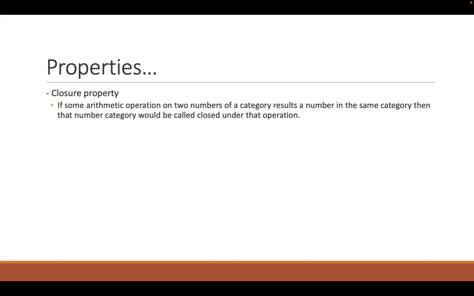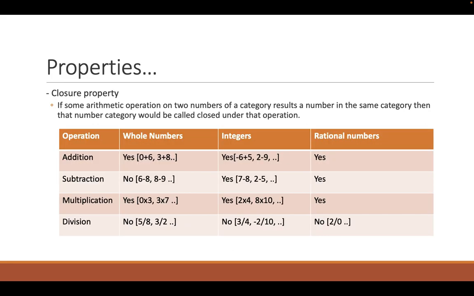So if you do an operation on a category of numbers, and it results in a number which also falls in the same category, then you say this number category follows closure property. Now let's see. The operations are addition, subtraction, multiplication, and division. Let's consider whole numbers.